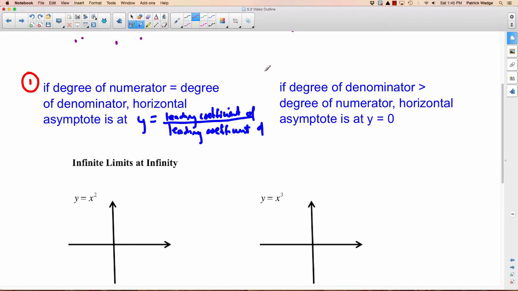So here's one case, a second case, here's the third case. What is the third case? This is if the degree of the numerator and degree of denominator are the same. This is the degree of denominator is bigger than the degree of the numerator.